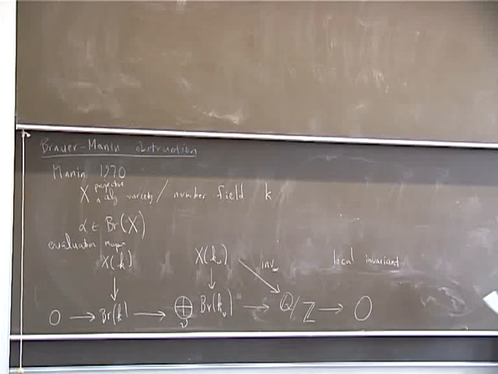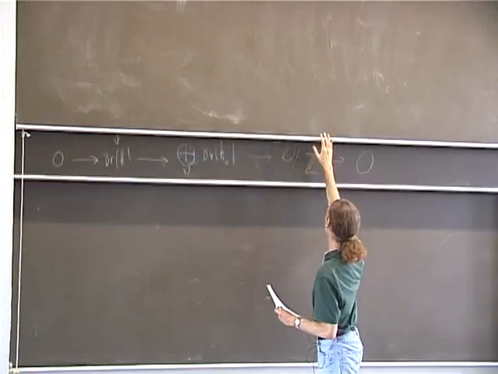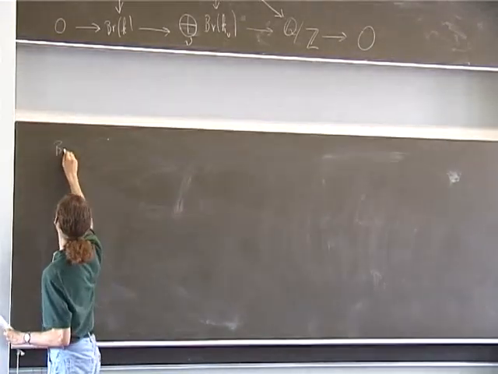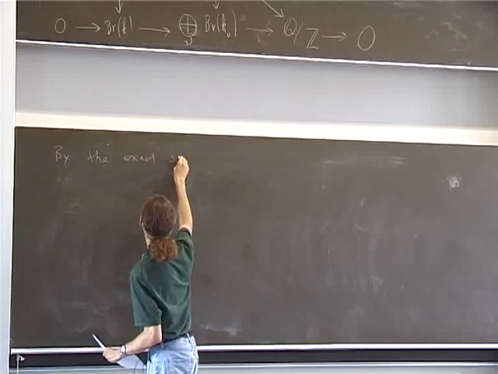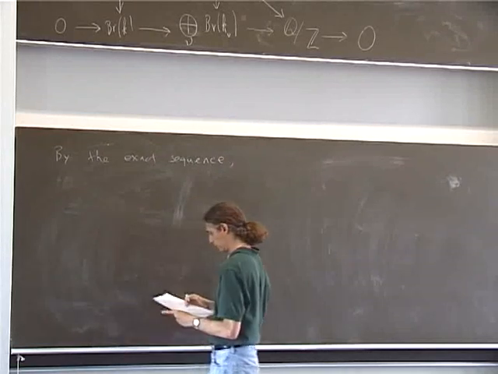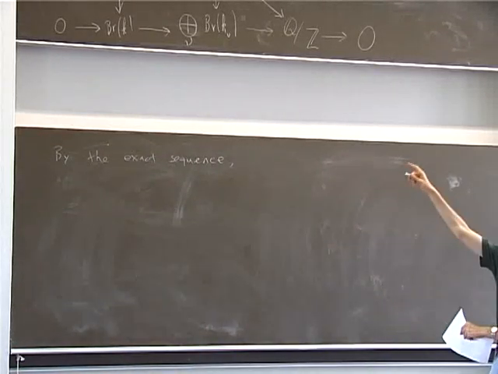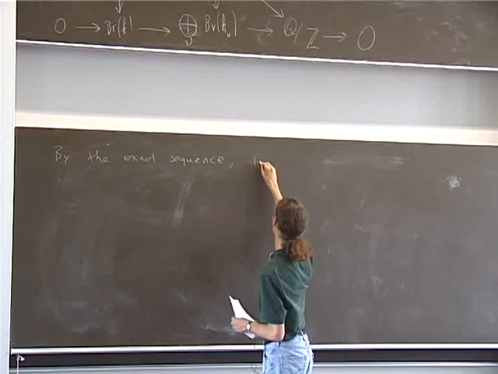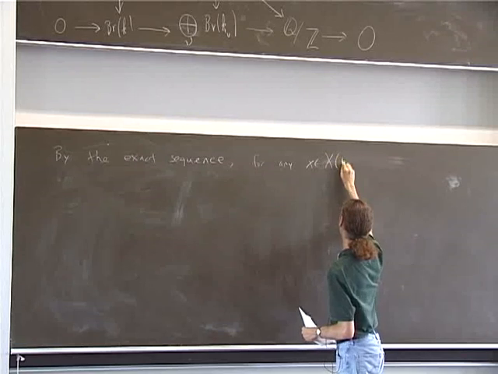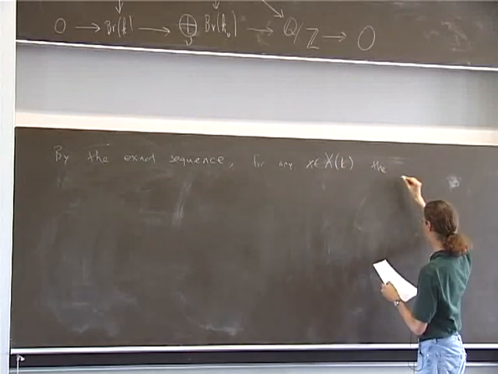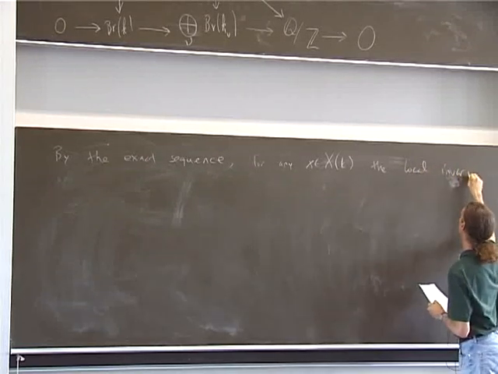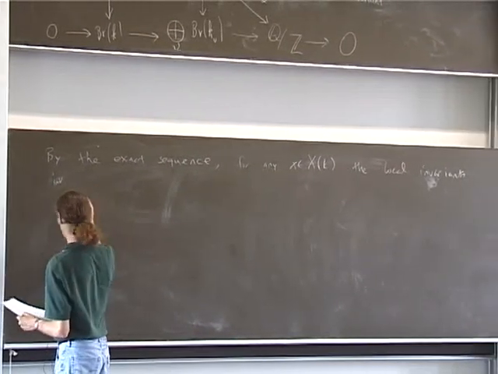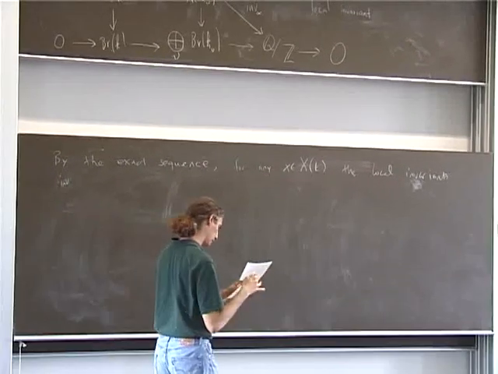So what this tells us by this exact sequence: if you take any rational point on X and you look at all the local invariants... Yeah, no, I think now I did run into this problem.